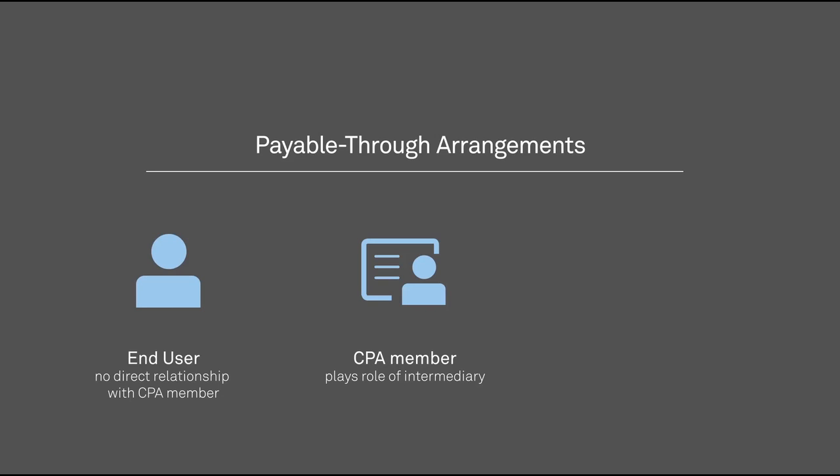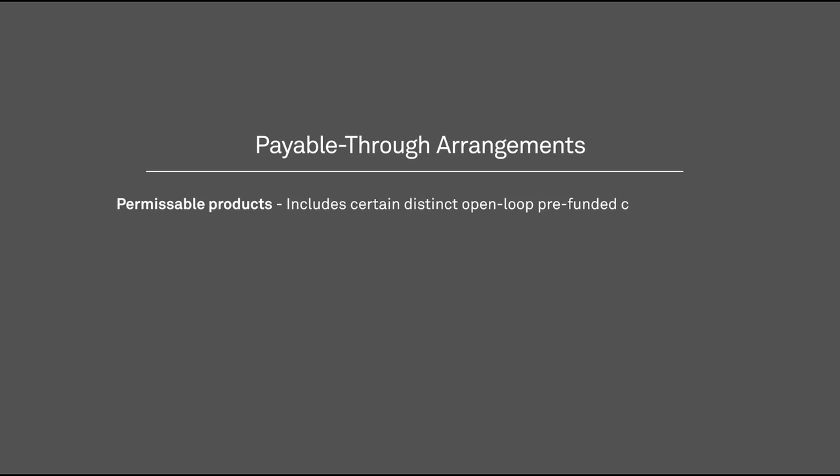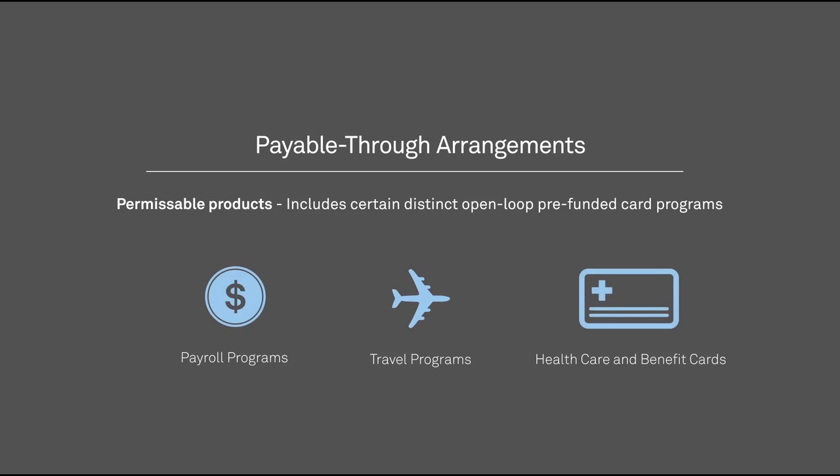The funds by which payments are made are held or managed by a non-CPA member who makes the pay-no-pay decision for payment authorization. Products permissible under the CPA's payable through policy include certain distinct open-loop pre-funded card programs. Many of these are available in the Canadian market, such as certain payroll programs, travel card programs, and healthcare and benefit cards.